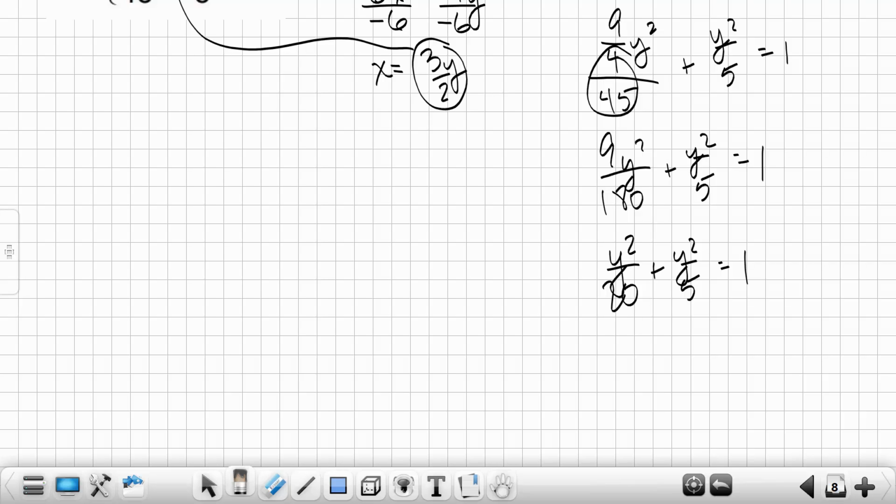I don't want to add them because then I got to get a common denominator and that's wasting my time. I want to get rid of the denominators, guys. What number will get rid of a divide by 20 and a divide by 5?